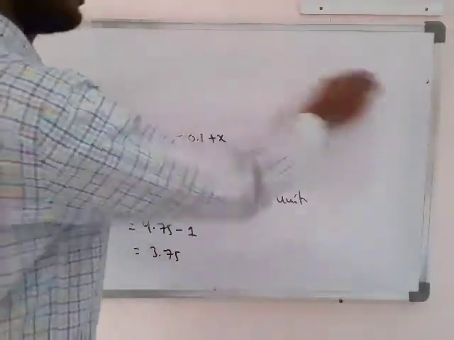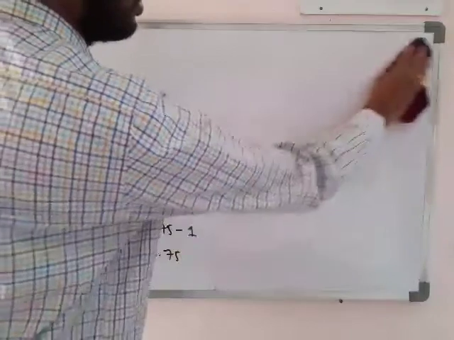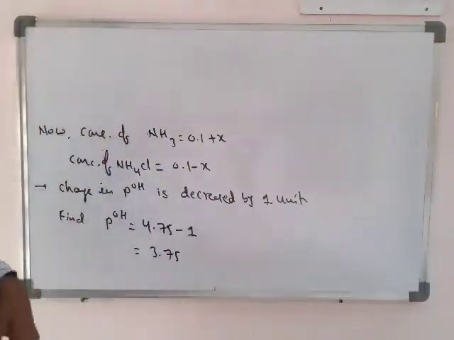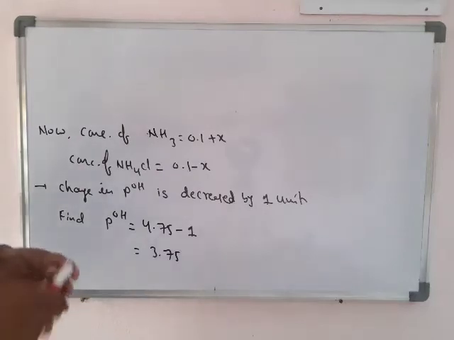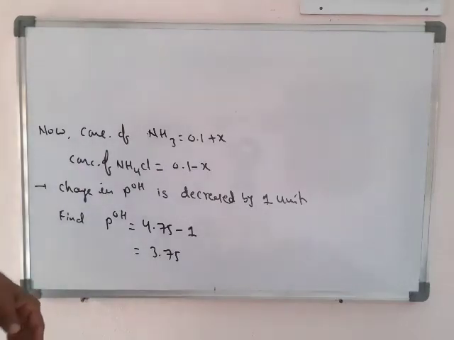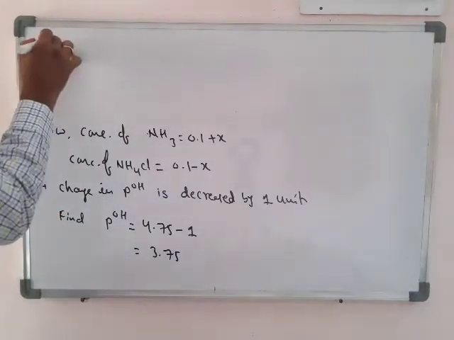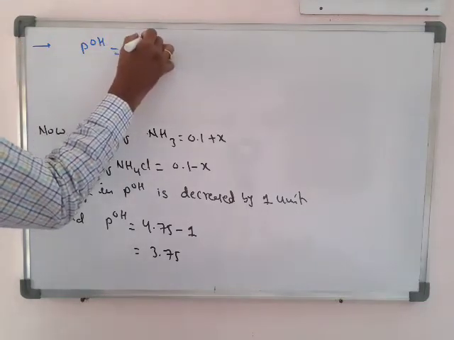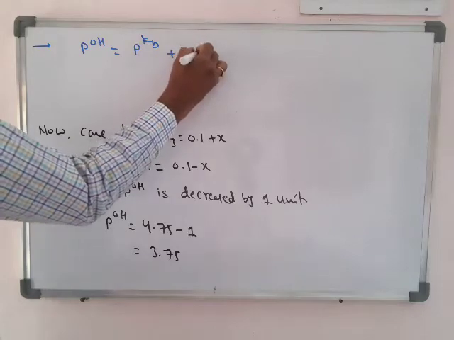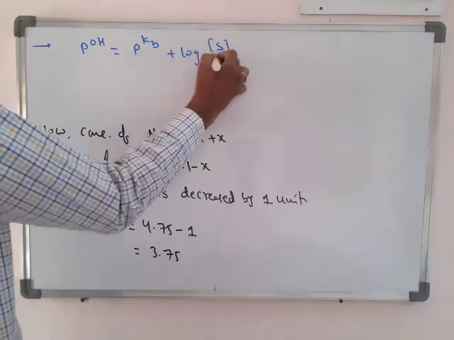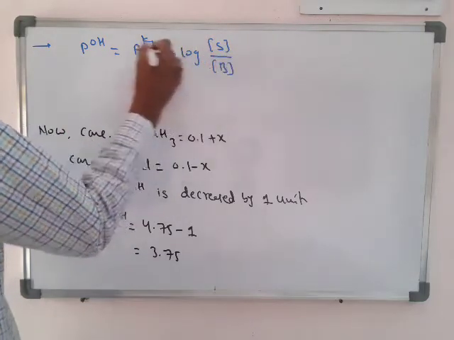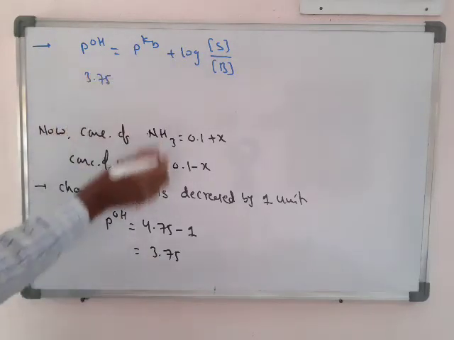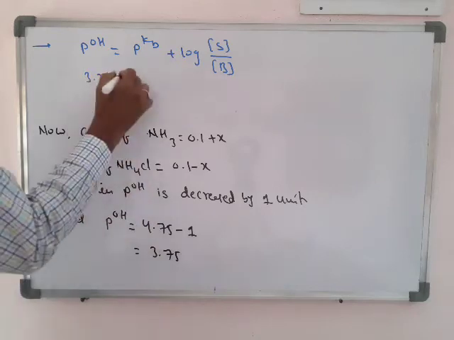So this is the basic buffer. There is no change in the nature of the solution even on dilution or adding of acid or base. So now we can say we know the pOH is equal to pKb plus log salt concentration by base concentration. So pOH already ఎంత అవ్వాలి మనకి? 4.75 నుంచి 3.75.